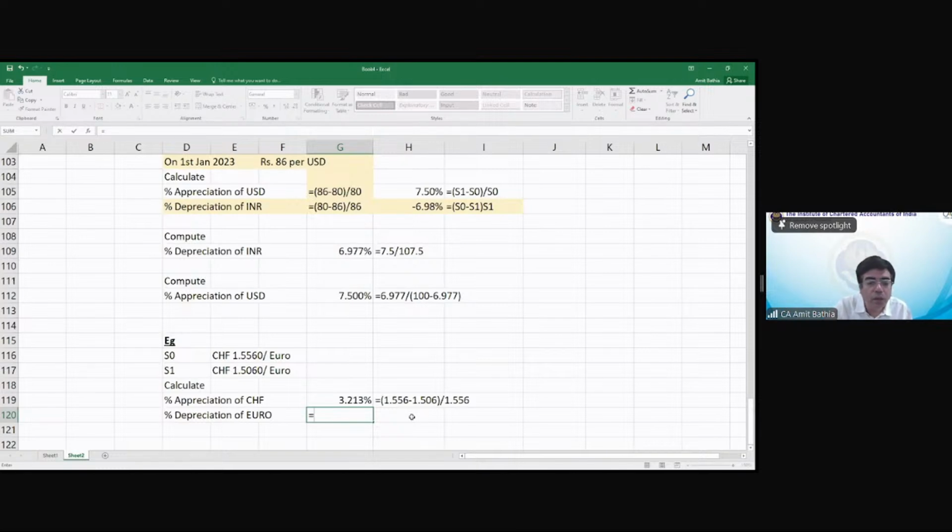I will need to take the new value, 1.5060 minus 1.5560, divided by... Sir, in appreciation, should we take in the denominator 1.5060 now, as it is the base?